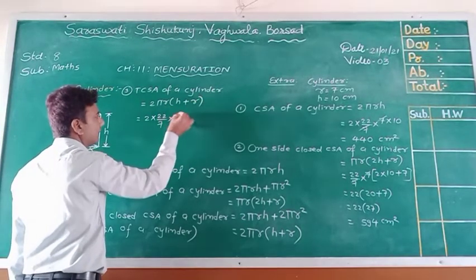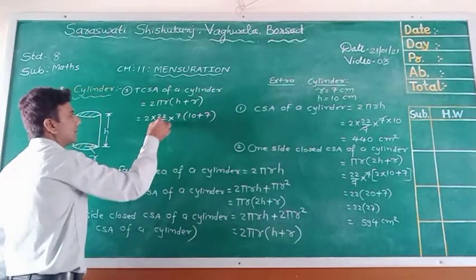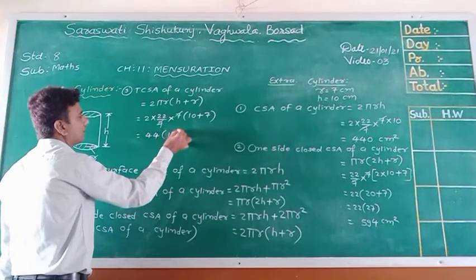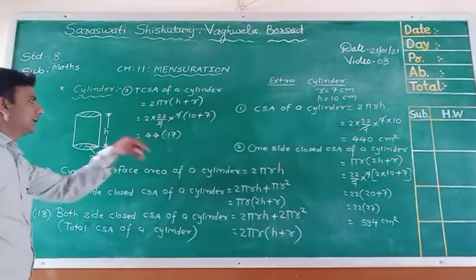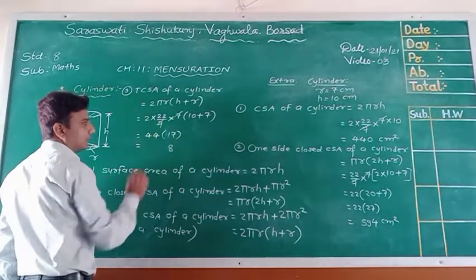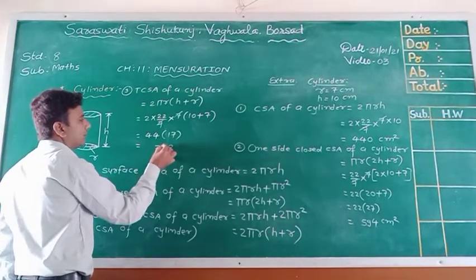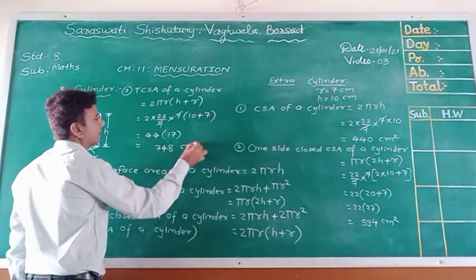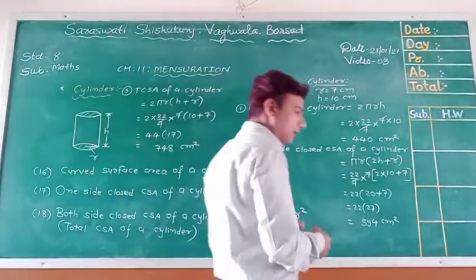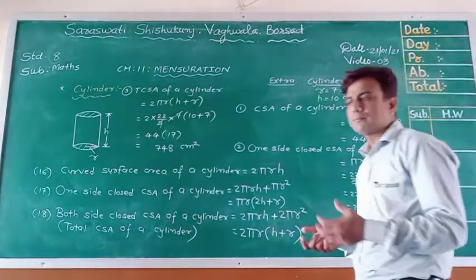Radius already given 7 and height is 10 plus 7. 7 sevens cancel, 22 times 2 is 44, and this 17. Now multiplication: 17 times 44 is 68 plus 6, 74 centimeters square.